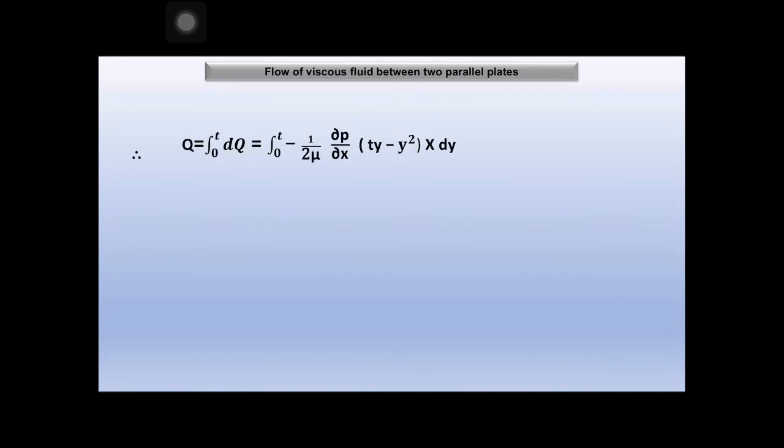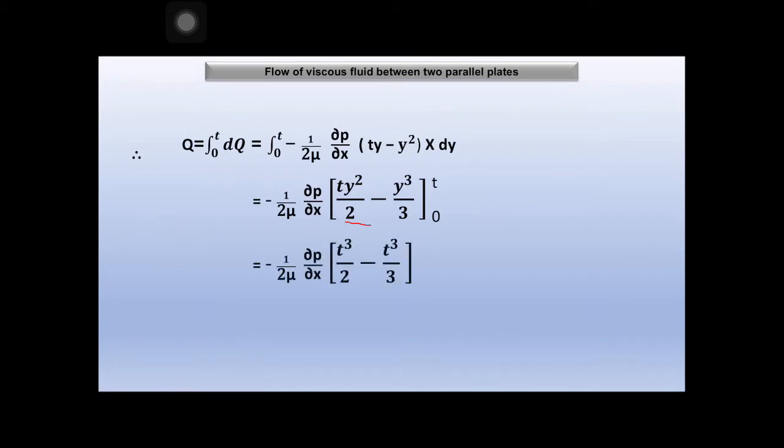In order to get the discharge through the whole area, we need to integrate between two limits, that is 0 to t. So upon integrating, we will get q equal to minus 1 by 2 mu into delta p by delta x in the square bracket (ty square by 2 minus y cube by 3) between the limits 0 to t.